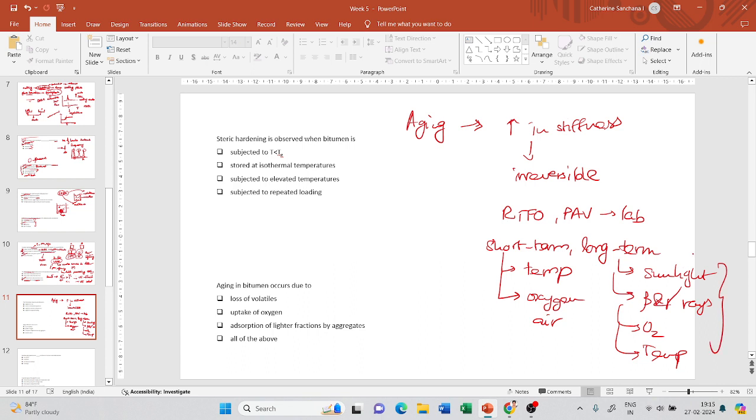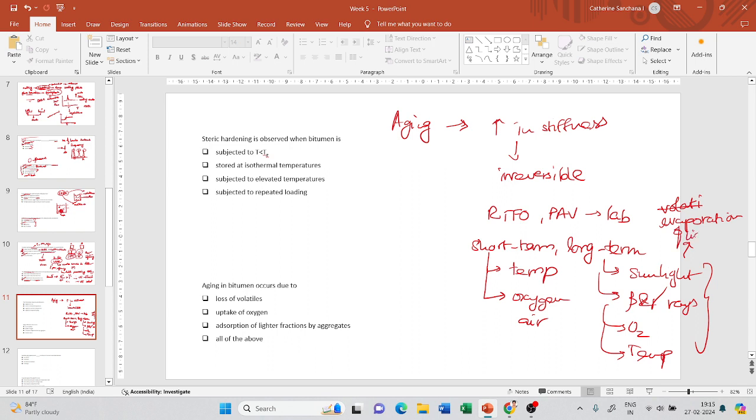These factors can cause a lot of changes, like evaporation of lighter components. I will write volatilization as evaporation of lighter components.